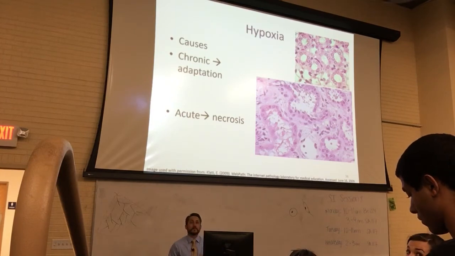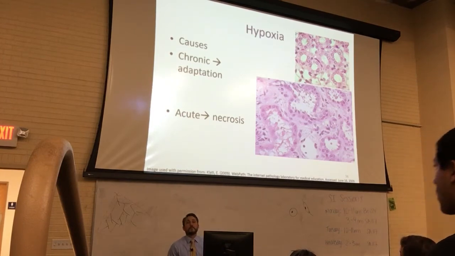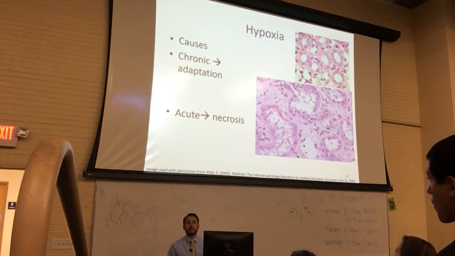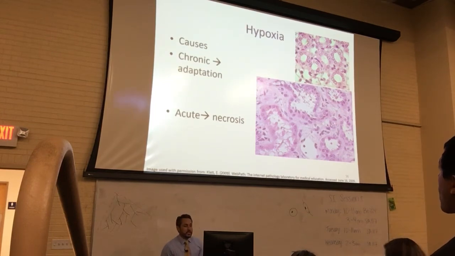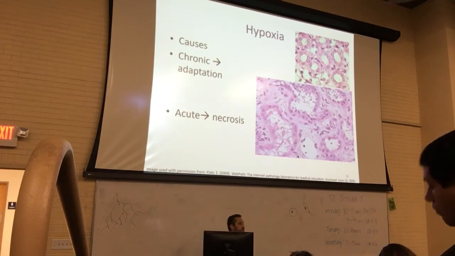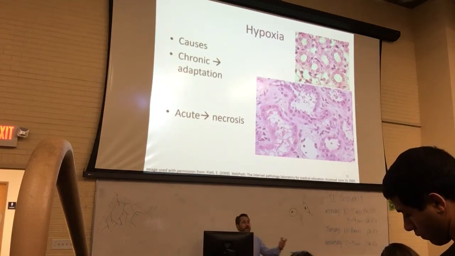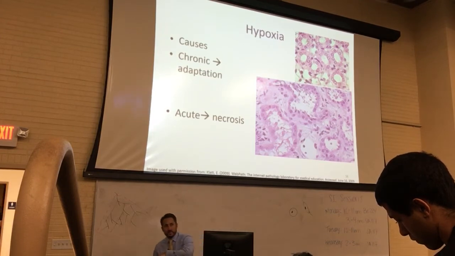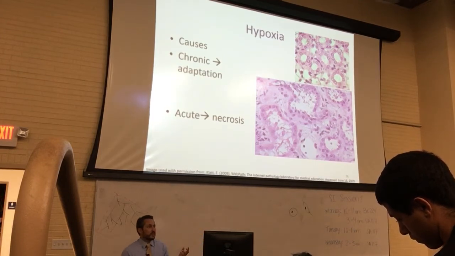Back up here? Ischemia is blockage of blood flow, and then hypoxia is just the level of oxygen, which is usually caused by ischemia. Very good. So ischemia is a restriction in blood flow or blood supply, and hypoxia is talking about the oxygen levels in the tissue. And usually hypoxia is caused because of ischemia, where there's a low blood supply, but not necessarily always.